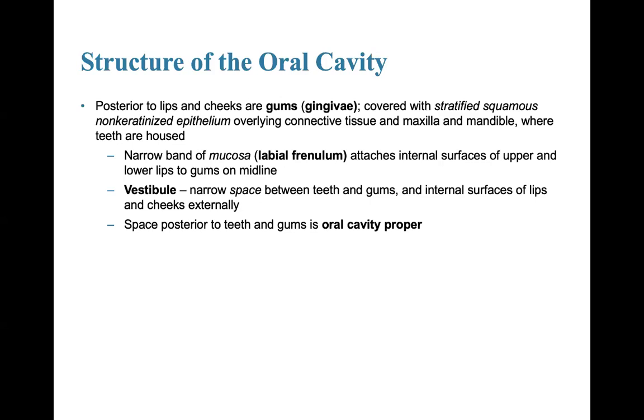You have a narrow band of mucosa, referred to as the labial frenulum, which attaches to the internal surface of the upper and lower lips to the gums on the midline. The vestibule is the narrow space between the teeth and the gums and the internal surface of the lips and the cheeks externally. The space posterior to the teeth and the gums is referred to as the oral cavity proper.